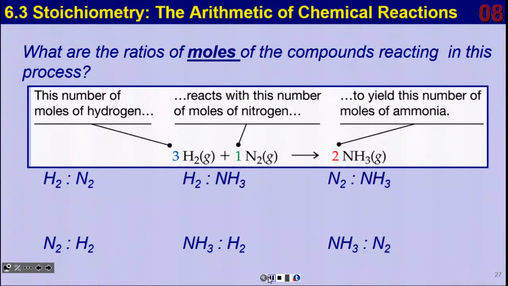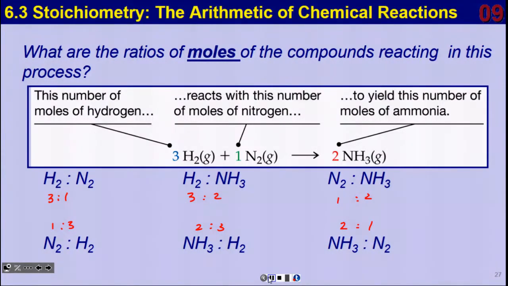And we can use all kinds of ratios of these reactants and products in our calculations. So if you're looking at the ratio of hydrogen to nitrogen, it would be 3-to-1. If you're looking at nitrogen to hydrogen, it would be 1-to-3. If you're looking at hydrogen to ammonia, it's 3-to-2. Or ammonia to hydrogen, it's the reverse, 2-to-3. Nitrogen to ammonia is 1-to-2. And ammonia to nitrogen is 2-to-1.